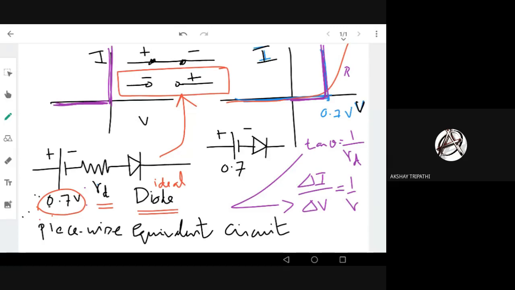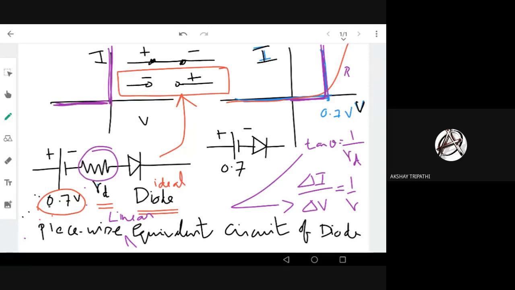Piecewise linear is also fine, the piecewise linear equivalent circuit of a diode, right? Because we are using a resistance, it is linear.